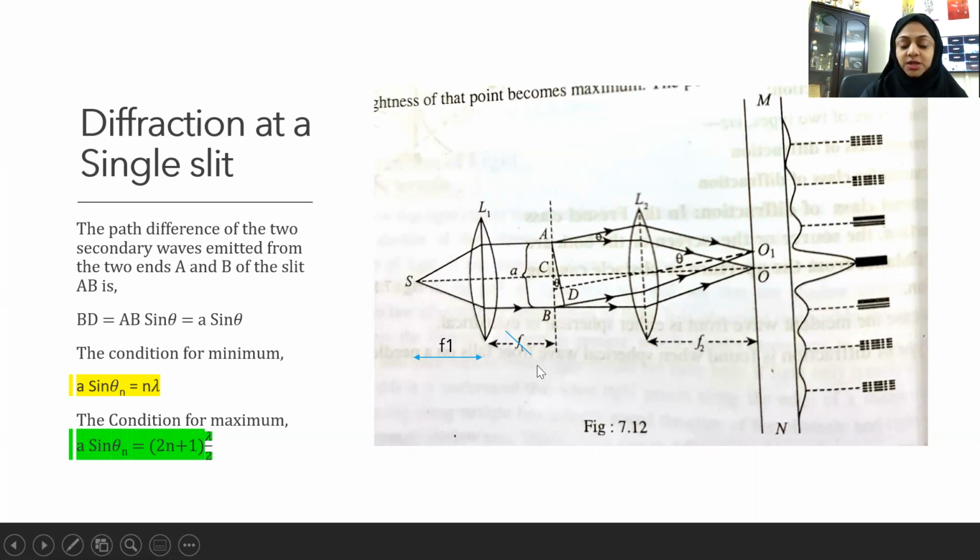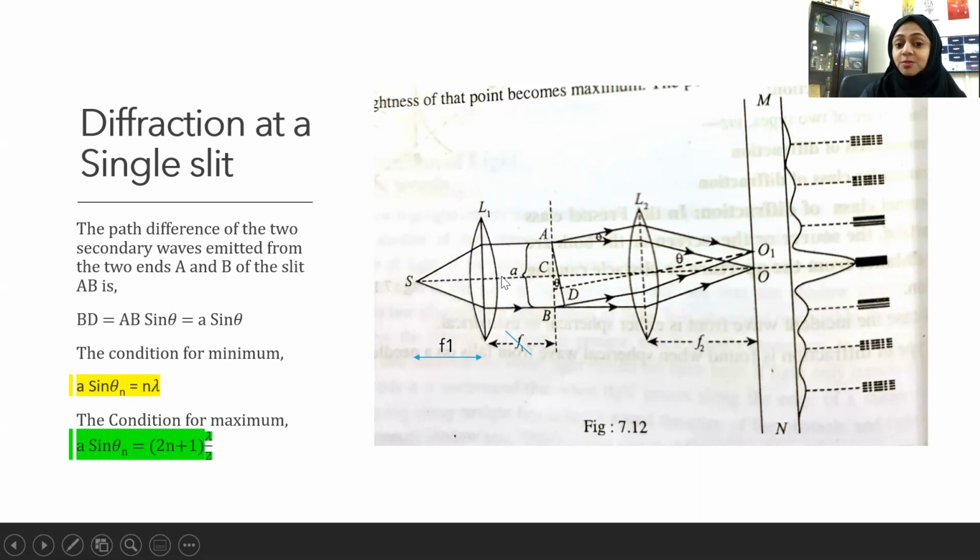But what should be the focal length? The focal length should be the distance between the source and the lens. That's why I have cut that here and I have put it as F1. So here you have the distance between the source and the lens L1 as the principal focus or the focal length of the convex lens. So the light rays coming from lens L1 will be parallel to each other.